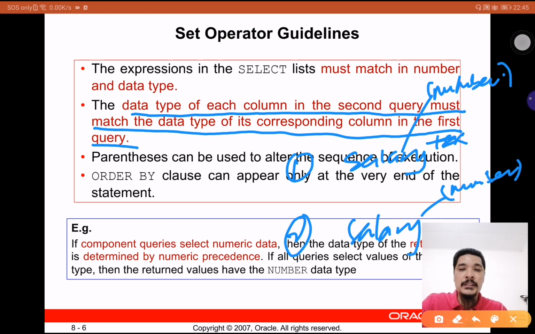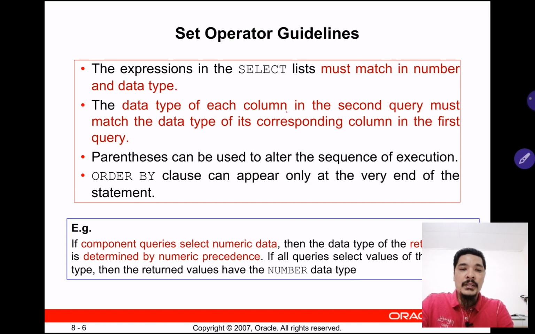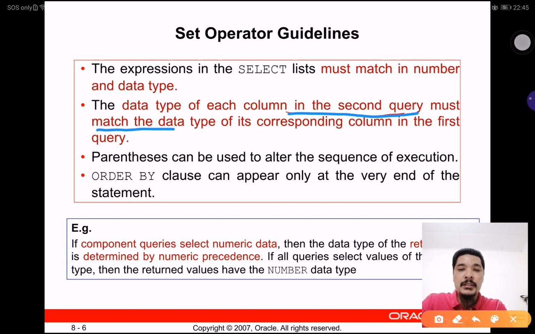This is what we call the data type of each column in the second query must match the data type of its corresponding column in the first query.